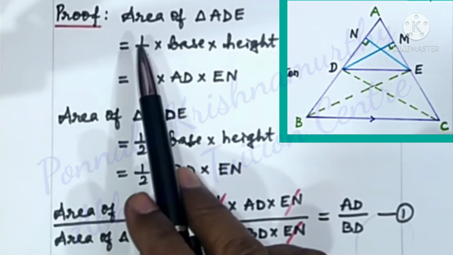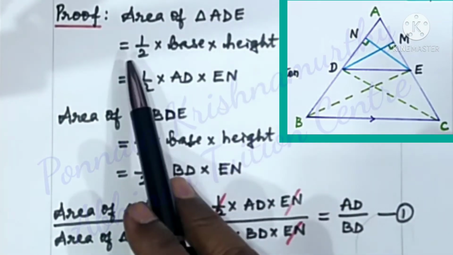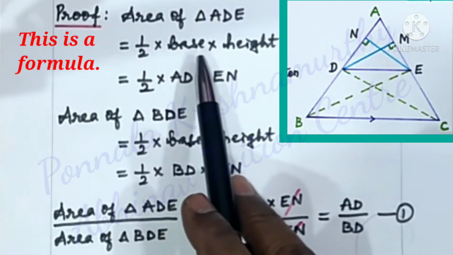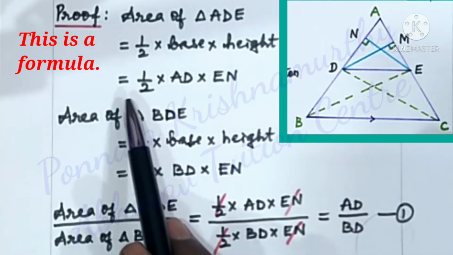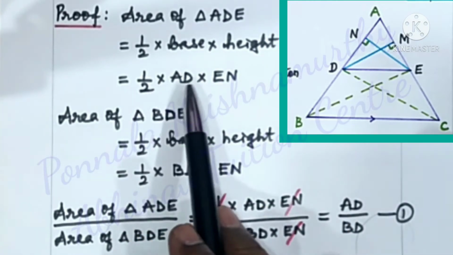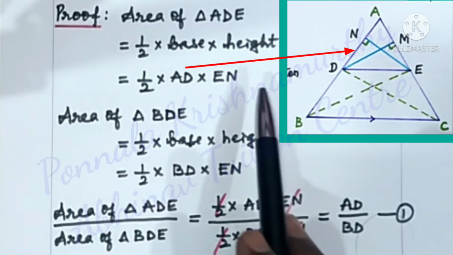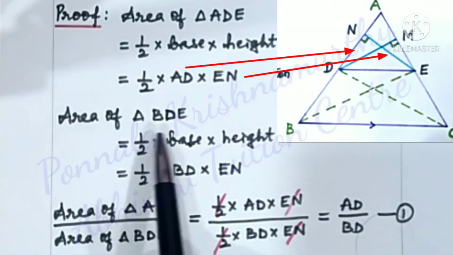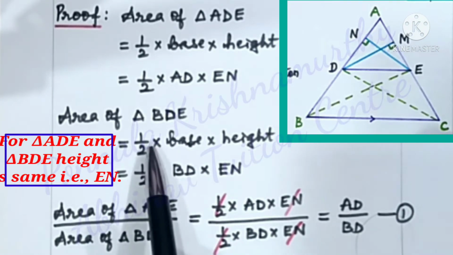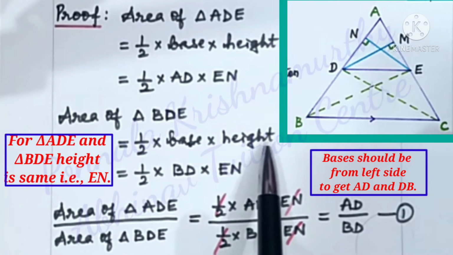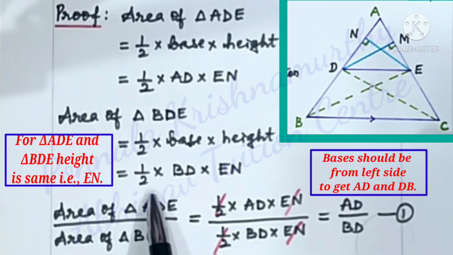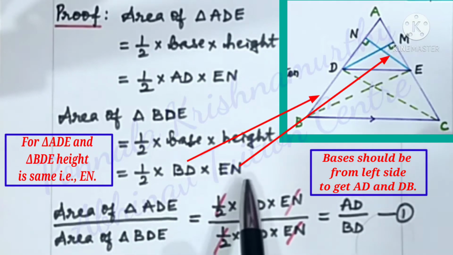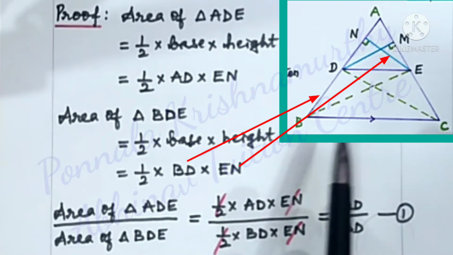Proof: Area of triangle ADE is equal to half into base into height, that is equal to half into base AD into height EN. Observe the figure. Area of triangle BDE is equal to half into base BD into height EN.